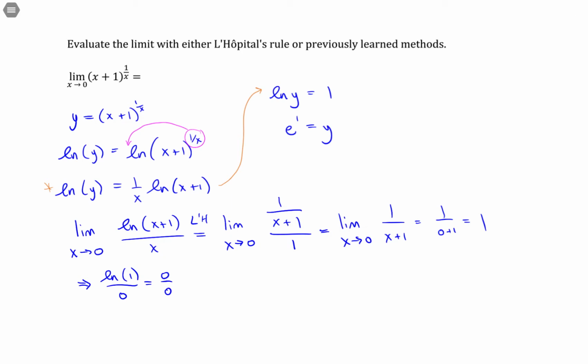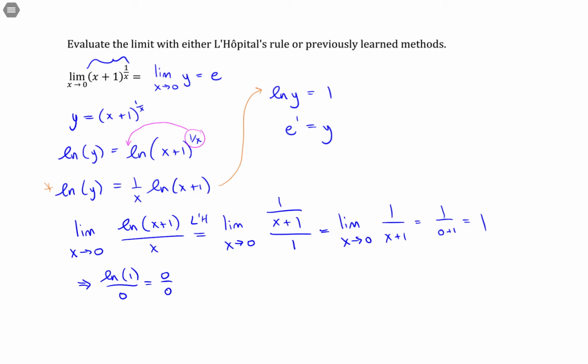So if y is equal to e, and this function right here was equal to y, then what I'm saying is the limit as x goes to 0 of this function y, which is a constant, e, works out to just e. So switching over to logarithms first certainly could help and get our answer.